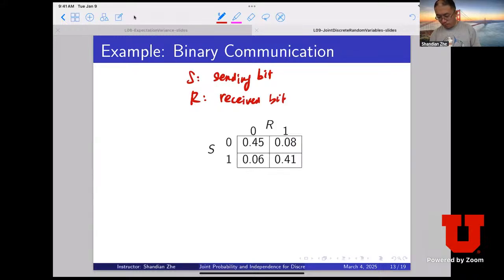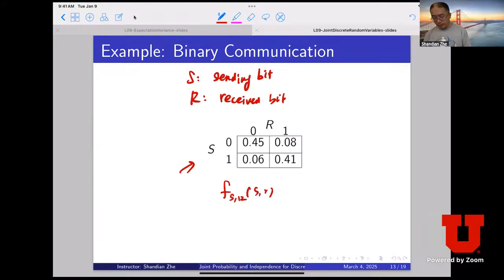So here we give the joint density function, F S R. You see this is a table. From the table, you can see the chance that your sending bit is 0 and the received bit is also 0 is 0.45.